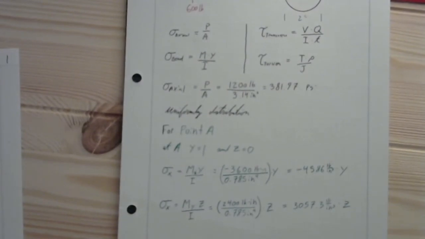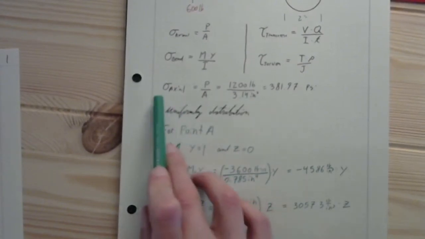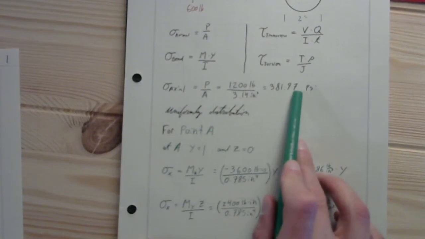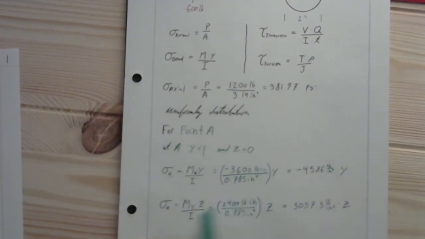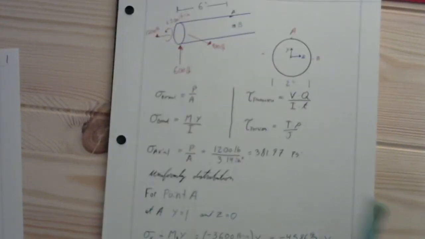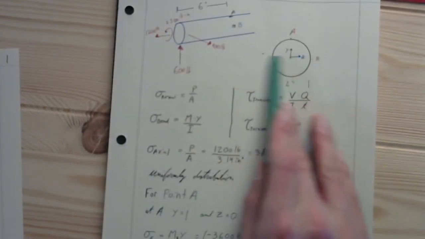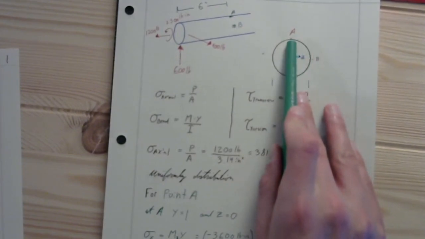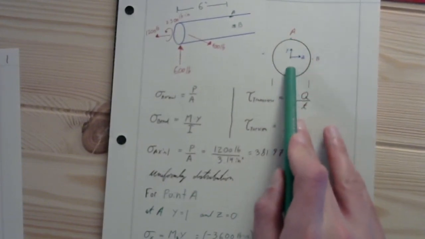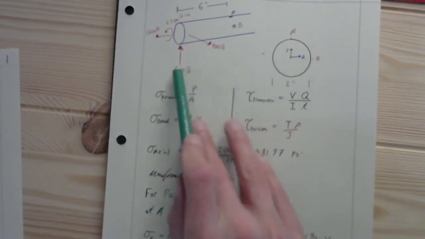So at point A, we're going to have normal stress from the axial load, which acts uniformly, and we're going to have some normal stress from bending about the z-axis. We're bending about this axis, which means this top part is going to be getting shorter and this bottom part is going to be getting longer. It's from this force, right?